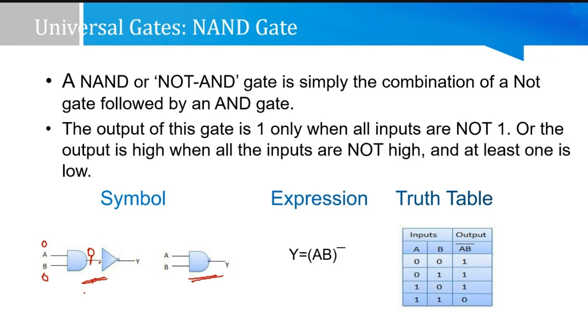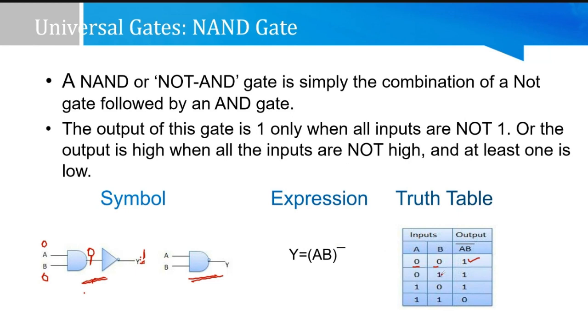The input of the inverter is 0. If the input of the inverter is 0, the output will become 1. So when both the inputs are at 0, you will get the output as 1. Here you can see that A is 0, B is 0, output is 1.